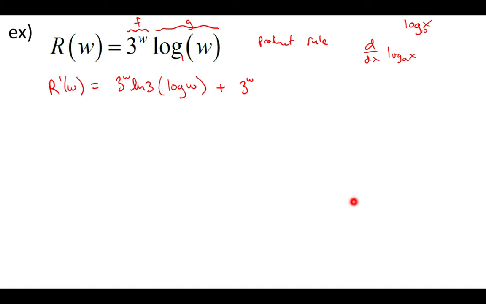Because if you just see log, that implies log base 10. So another reminder on that. So if we have just log, it's going to be times 1 over w, because that's in the x place, natural log of 10, because the a, the little base there, is 10. So that's what it's going to look like.